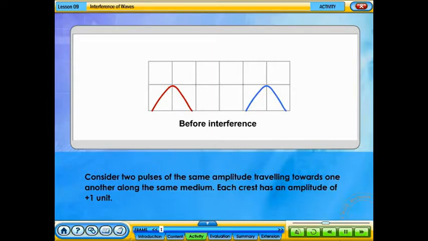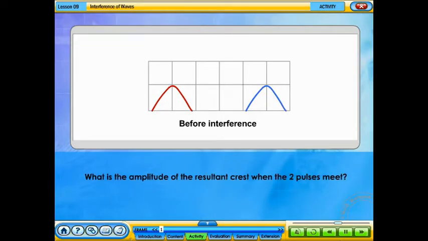Consider two pulses of the same amplitude traveling towards one another along the same medium. Each crest has an amplitude of 1 unit. What is the amplitude of the resultant crest when the two pulses meet?